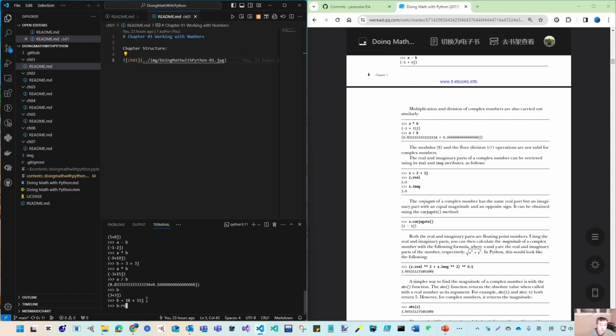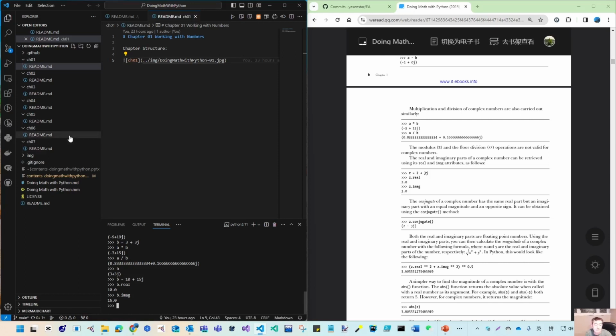If you want to retrieve this 10 from the real part, you use b dot real. But be cautious, the result you get is a floating number. Similarly, b dot imag gives you the imaginary part.